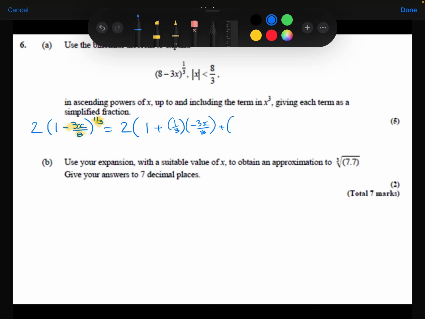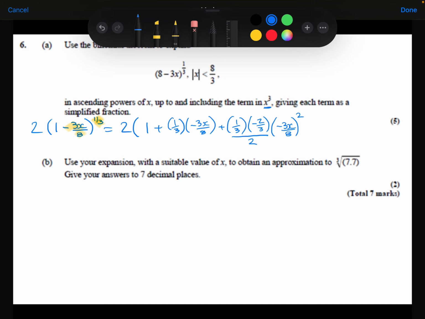Then we'll have n times (n minus 1). So 1/3 minus 1 is minus 2/3, divided by 2 times 1, which is 2, times our x, or the minus 3x over 8 in this case, squared.